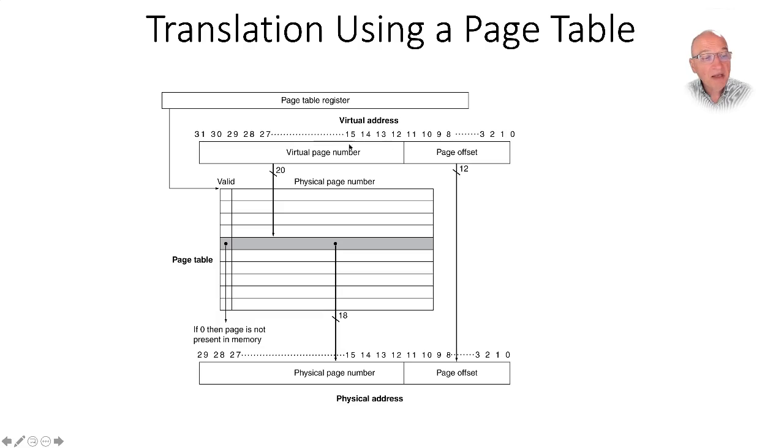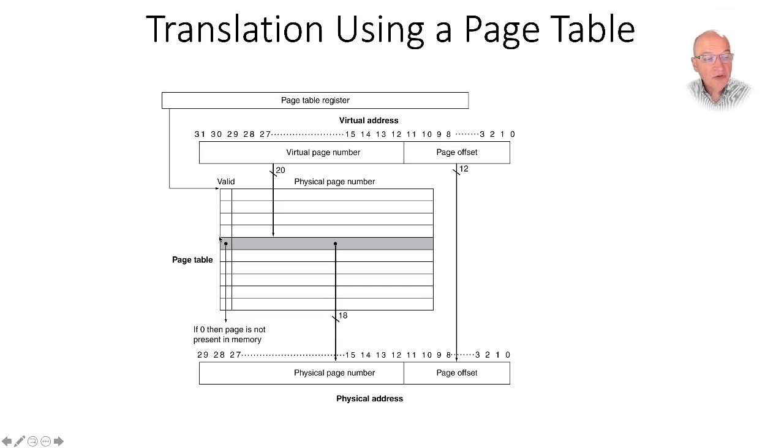I take the remaining bits from the virtual address, and I use these bits to index the page table and find the corresponding physical page number for that access, which is then provided as the physical address. And then I also need to check whether that translation is actually valid.